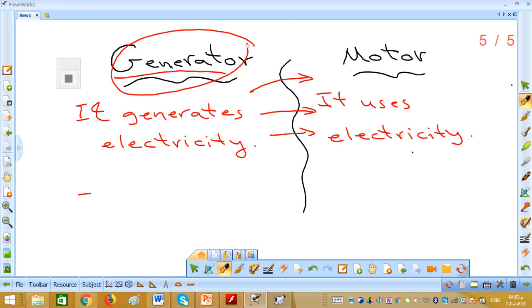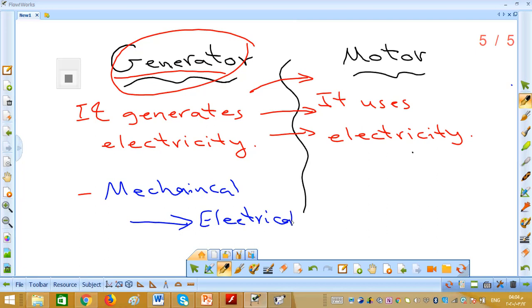So, electric generator changes mechanical to electrical. And motors, we use motors in our fridges, ACs, and fans, they use electric motors.